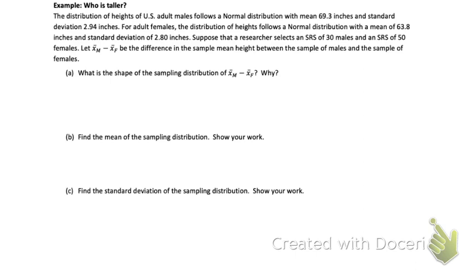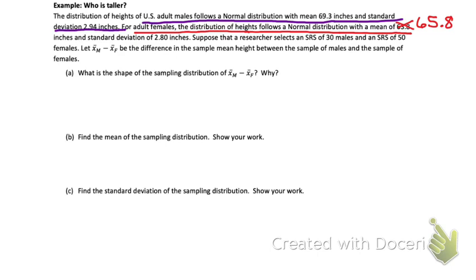So, who is taller? You ready? The distribution of heights of U.S. adult males follows a normal distribution with a mean of 69.3 inches and a standard deviation of 2.94 inches. For adult females, the distribution of heights follows a normal distribution with a mean of 65.8, not 63.8, please, and a standard deviation of 2.8 inches.